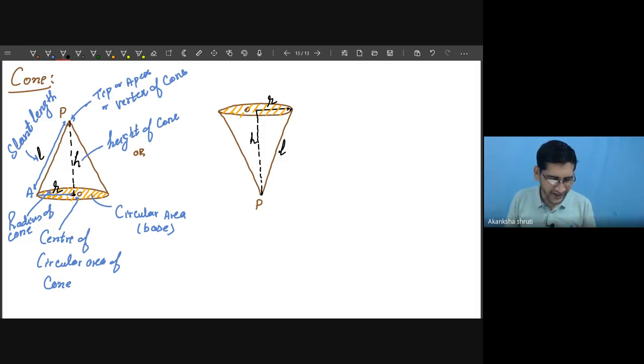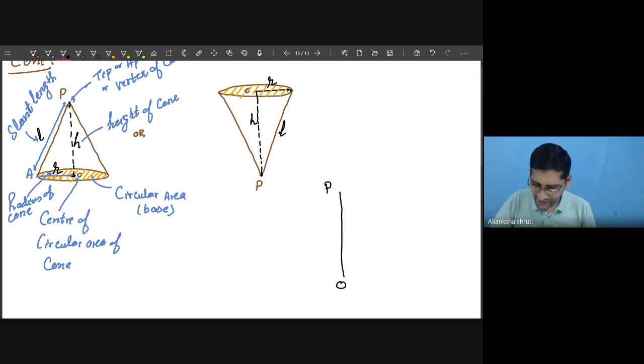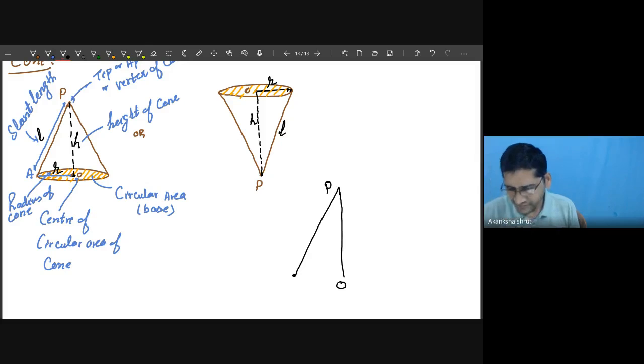Now we have to understand carefully that if we consider OP, O is the center of the circular area and P is the vertex. And another point A that we have considered is on the boundary of this circular area.